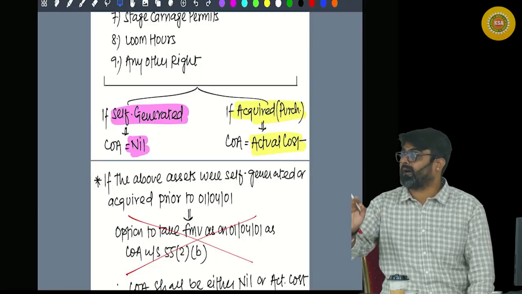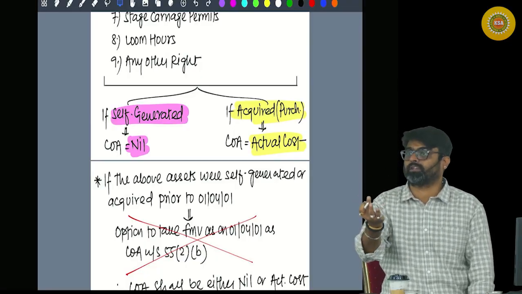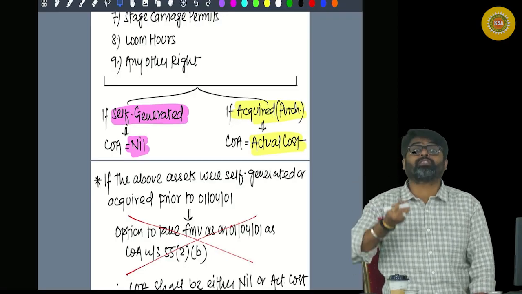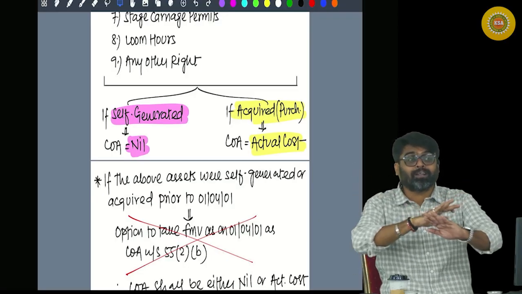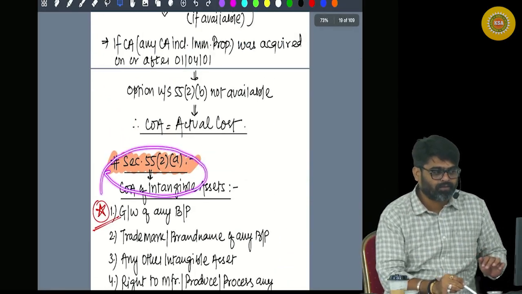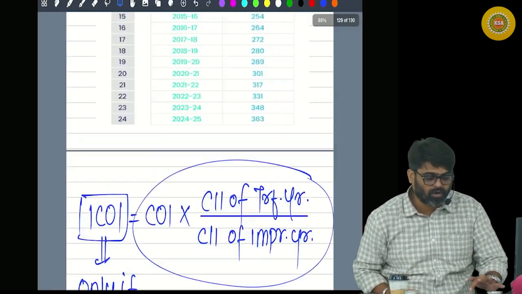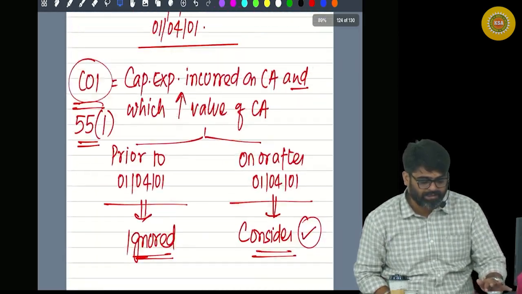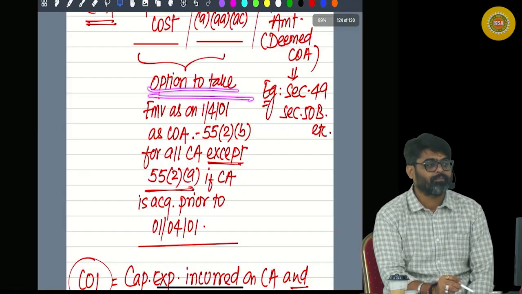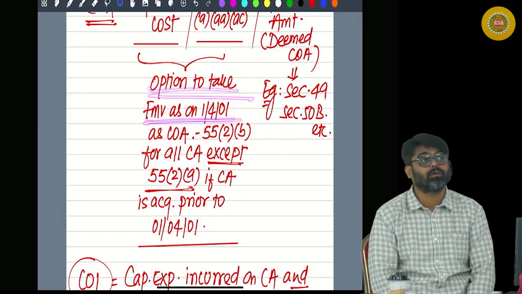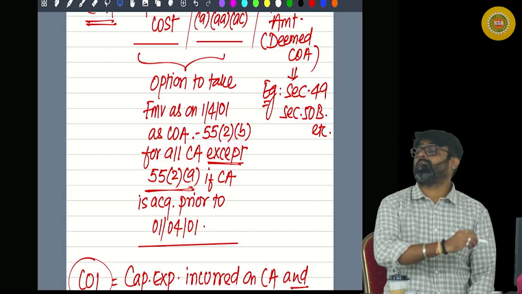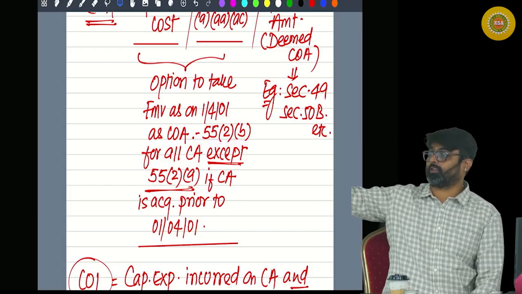Taking the fair market value as cost of acquisition. Option to give the fair market value as cost is not available in the case of assets covered in 55(2)(a), which I have already told you. Option to take fair market value as your cost is available for all assets except these.